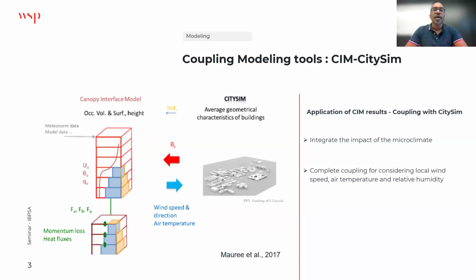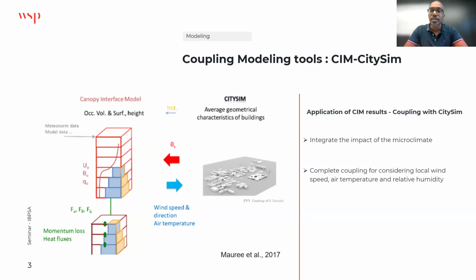For each of these boxes, we calculate fluxes generated from the building: momentum fluxes, heat fluxes, humidity fluxes. This is also interesting where we want to improve the integration of vegetation in urban areas. Once we have the modified urban climate variables, so wind, temperature, and humidity, we can use that to run the CitySim simulations again.